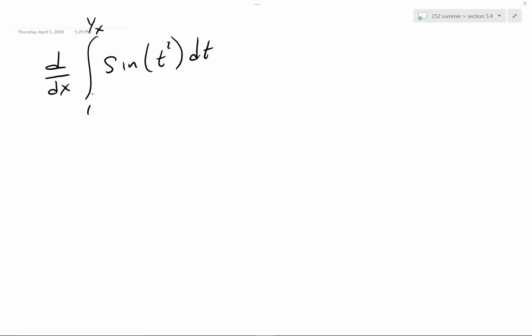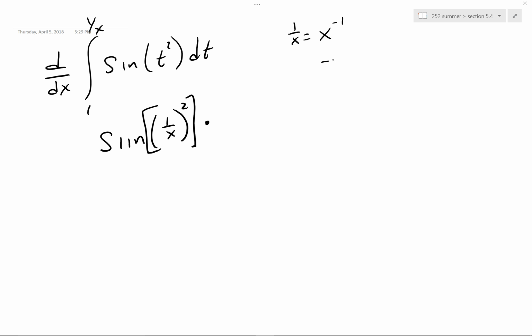So I'm going to take the derivative of an integral. So my answer is going to be the sine of 1 over x squared, something like that, yes? Times, oh, geez. Hey, what's the derivative of 1 over x? Okay? Remember, 1 over x is x to the minus 1, yes?